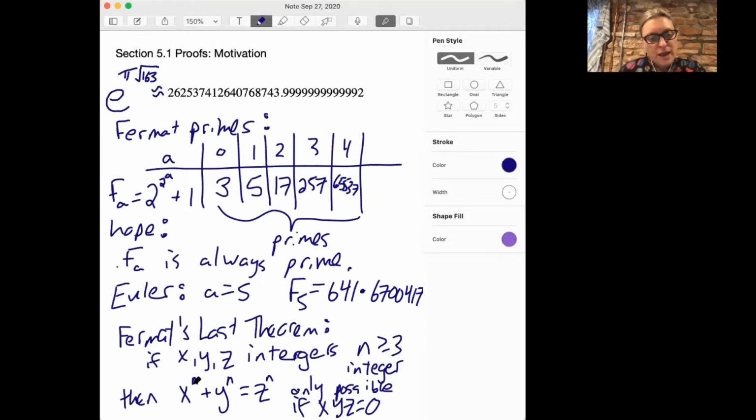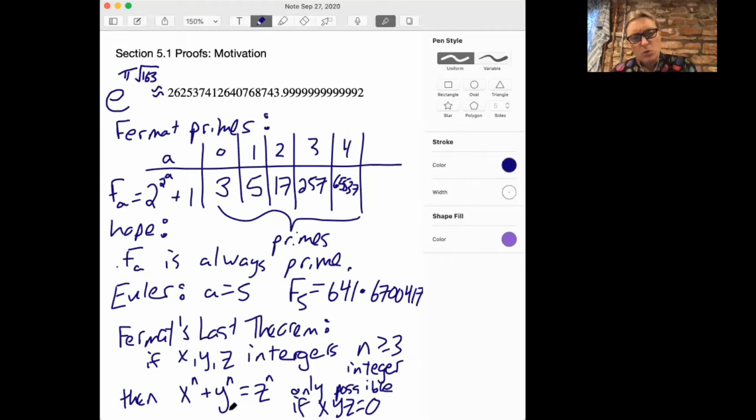If you take n to be 2, then there are lots of triples of integers where x squared plus y squared equals z squared. Those are all the Pythagorean triples. For instance, 3 squared plus 4 squared equals 5 squared. But once you get up to the number 3, then it is impossible for x cubed plus y cubed to equal z cubed if x, y, and z are integers, unless one of them is 0.